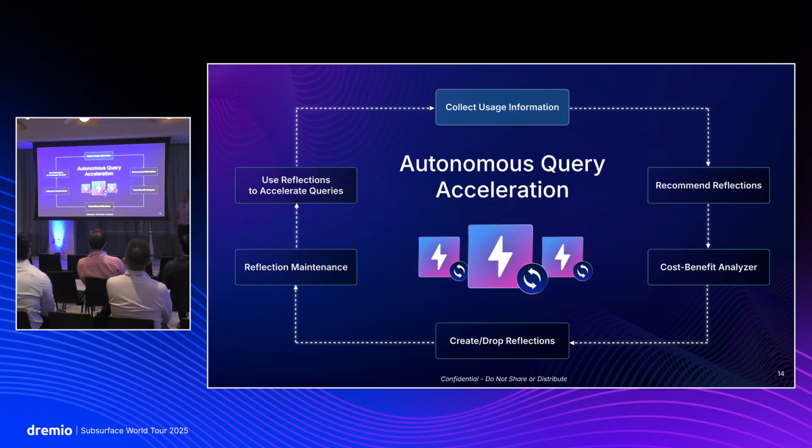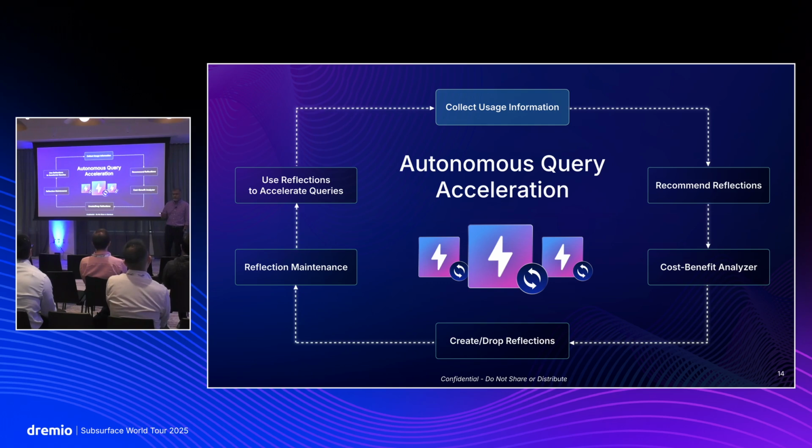So you would have seen this picture a few times before, but what happens here is as you run queries, for every query that you run, Dremio asynchronously collects some metadata about queries, and this metadata is used to figure out patterns. And these patterns are processed every night to come up with recommendations.